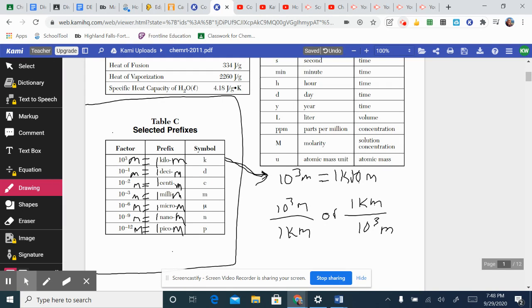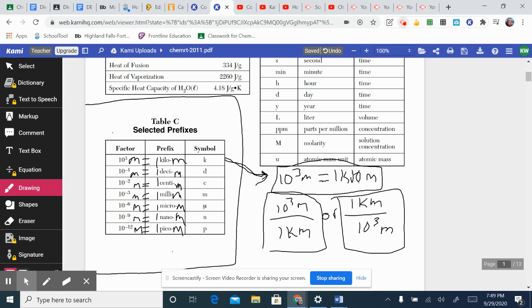And so again, you can write this conversion factor one of two ways. You can either write it where 10 to the third meters is on top, like in the first example, or you can write 10 to the third meters on bottom, like in the second example, with kilometers in the opposite spot. So those are your two options for how to write your conversion factor.